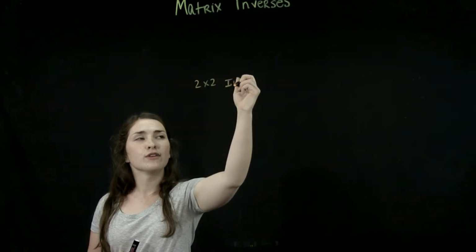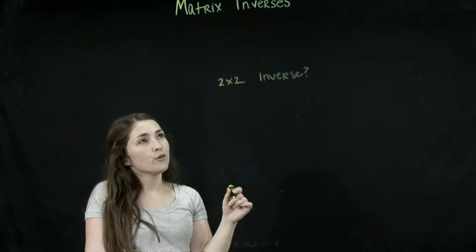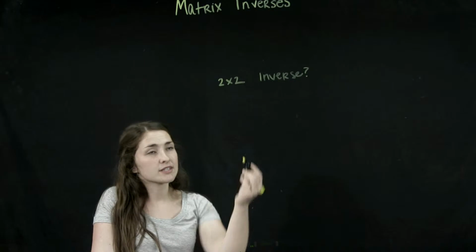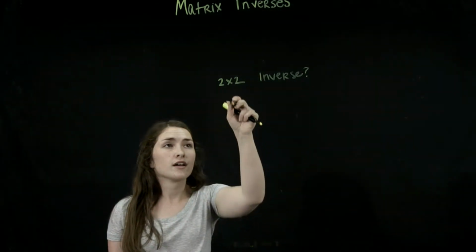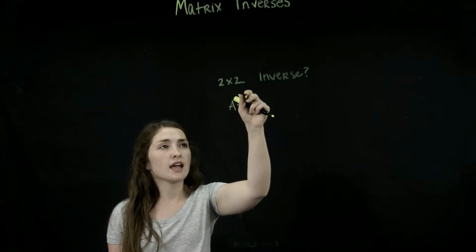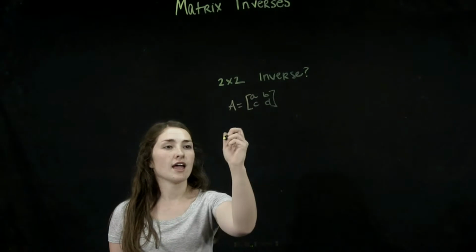So let's try and see if we can find a 2 by 2 inverse. If we have a 2 by 2 matrix, let's just define a generic 2 by 2 matrix as A, and we want to try and find A inverse.